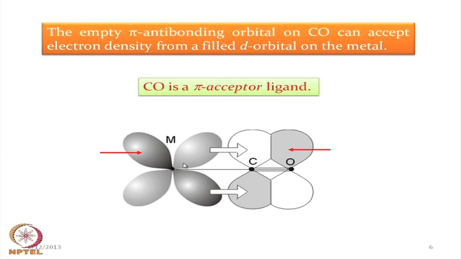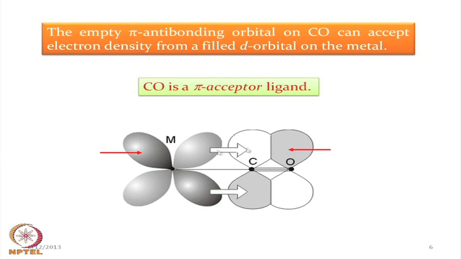So, whenever we have a ligand on the metal, with some electron density in the t2g level of these orbitals, we always expect that it can show some push of this electron density from the filled metal orbitals to the empty ligand orbitals of pi star type.